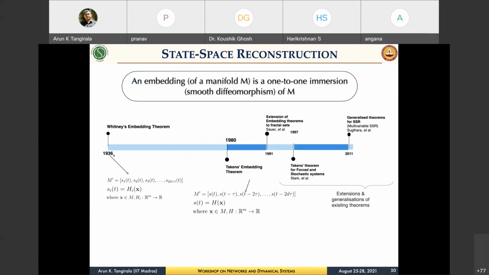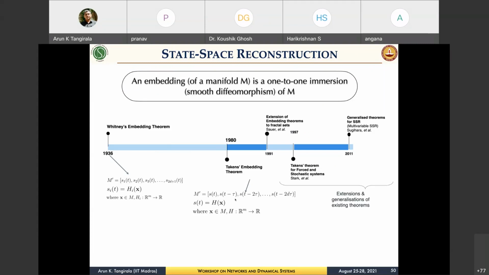Takens, and this was way back in the 1930s, Takens made a very important contribution in the 80s, where he said, you don't need that many sensors. You just need one sensor reading over a period of time, and you stack them up using the past data. This is the idea that you will also see in the state space reconstruction for linear systems.